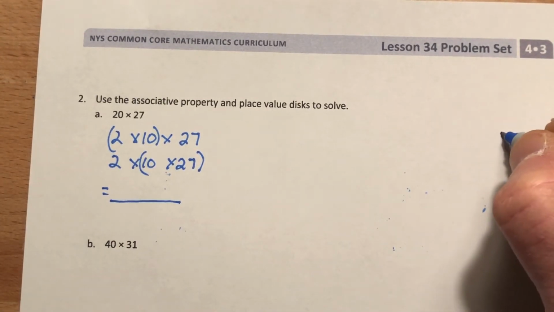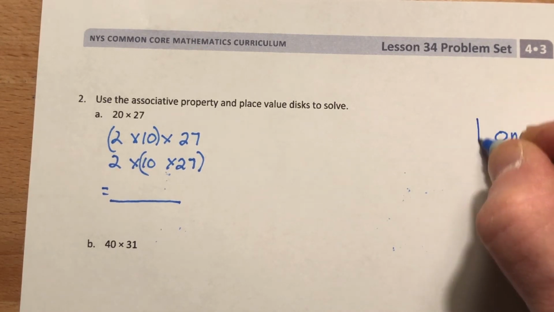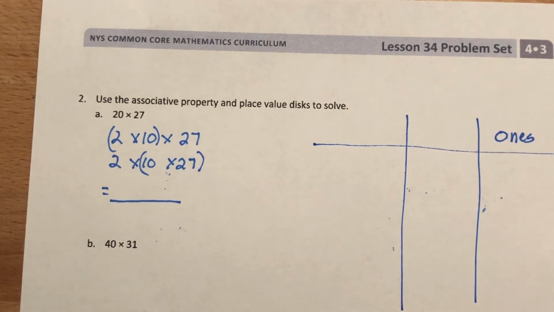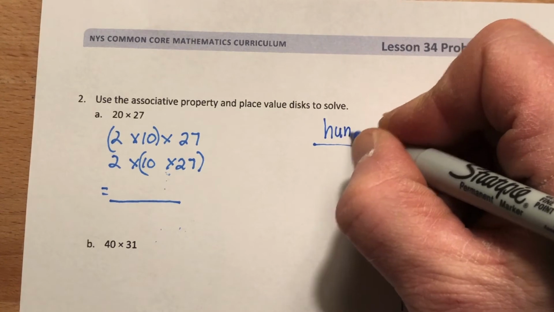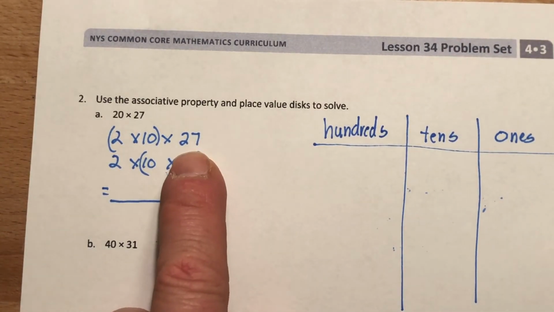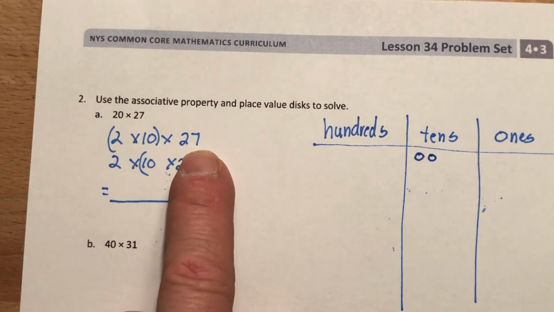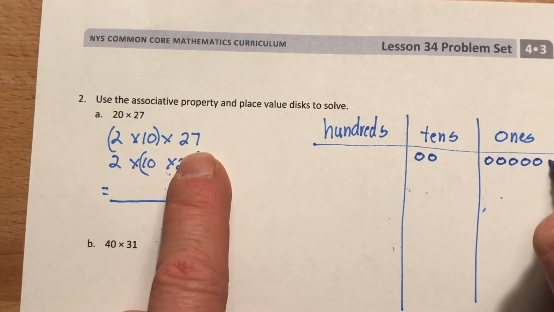So I'm gonna have ones, make my little T-chart, tens, hundreds. Okay, let's put our 27 in. 1, 2, cool. 7 ones. 1, 2, 3, 4, 5, 6, 7.